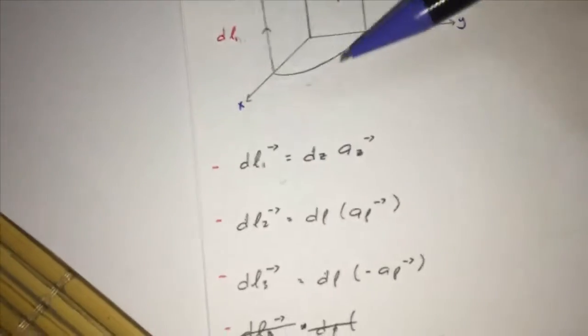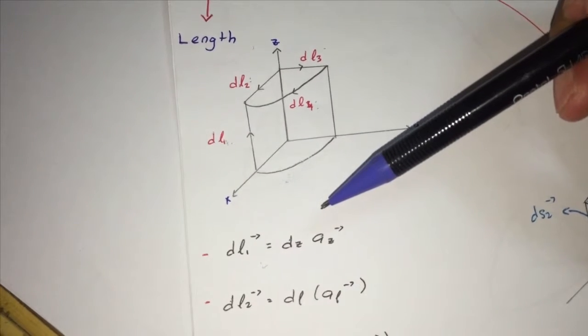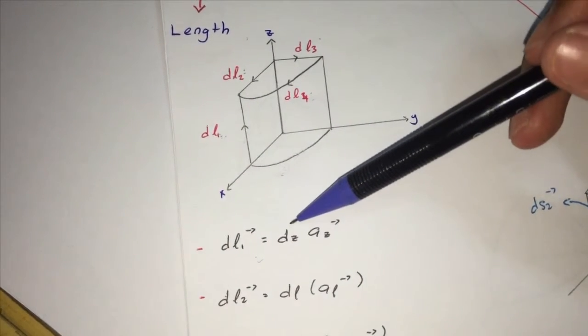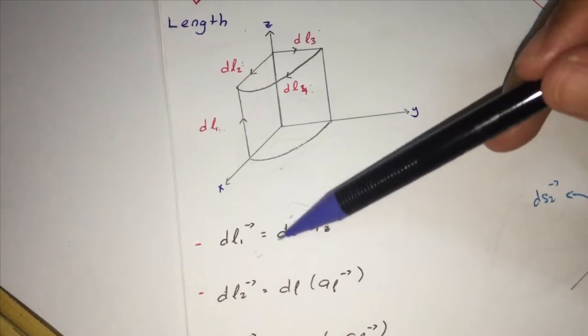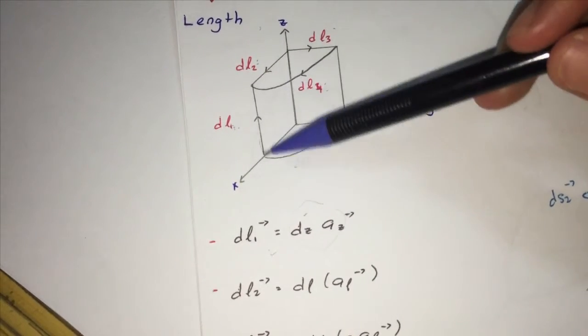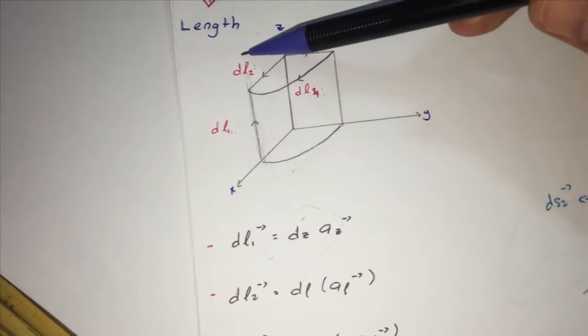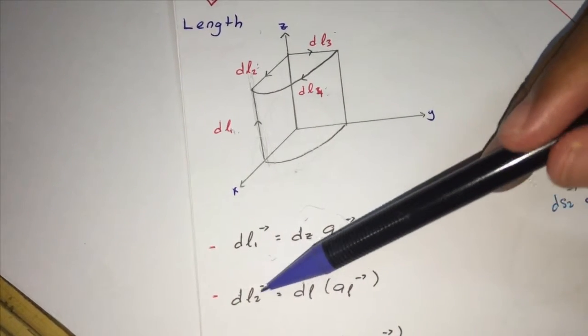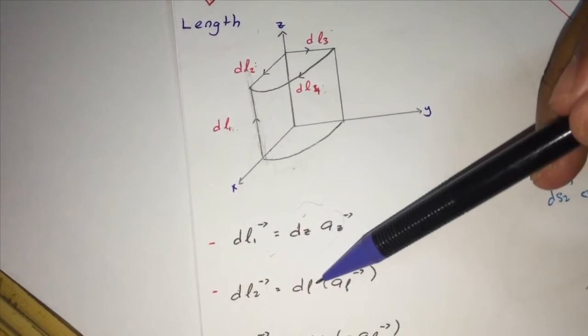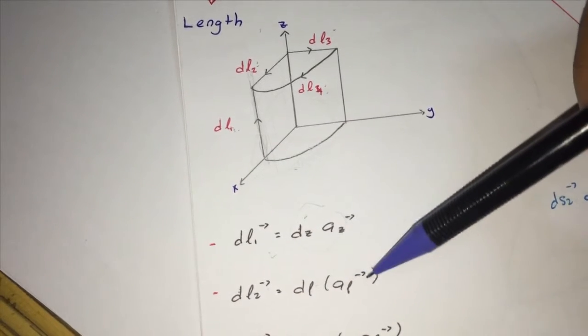For the L1, we will get dz az. We get this because it's on z axis. For the L2, we will get the arrow.